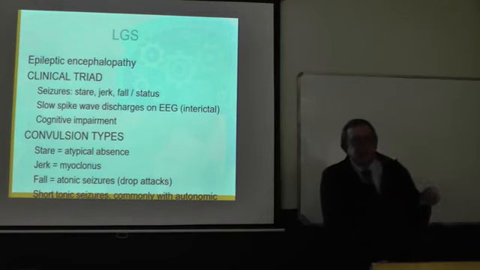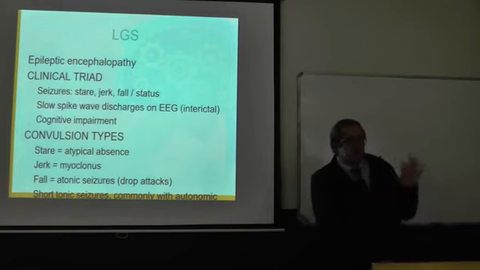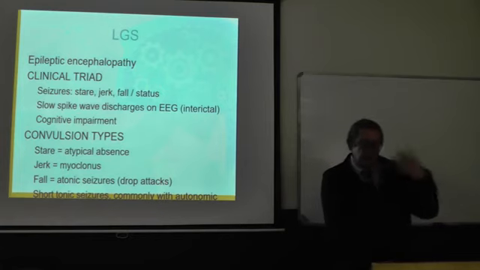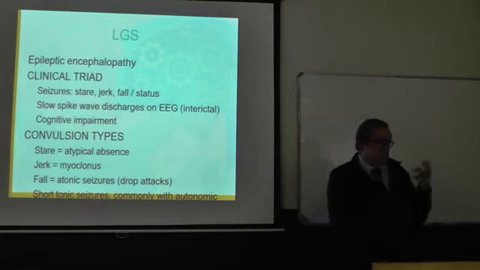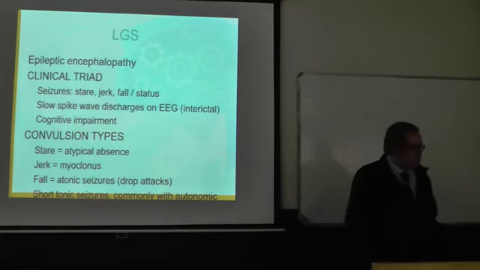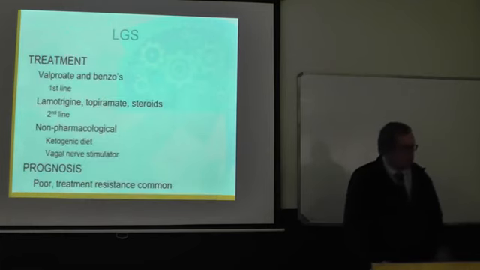We now realize that if you have had a seizure for 7 minutes, you're going to go on and have a long-term seizure of more than 30 minutes. So we really need to be very active in stopping it. As I've told you, stare would be the atypical absence, jerk the myoclonus, fall the atonic seizures, and they may also have tonic seizures.